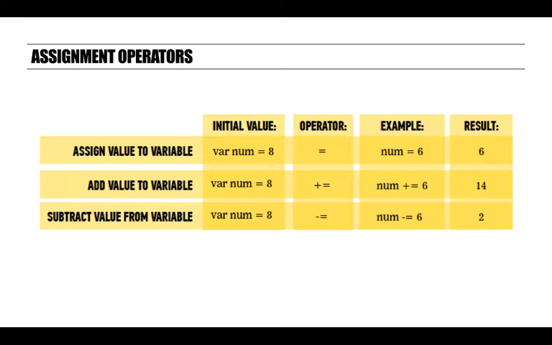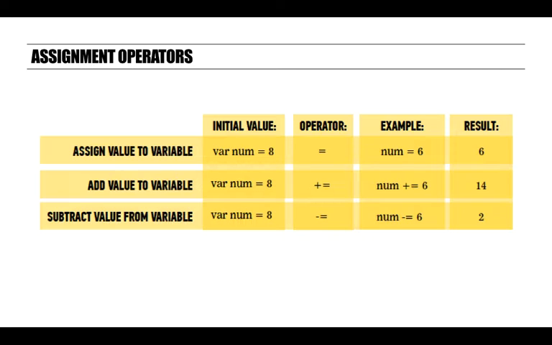So these are called assignment operators. When you set a variable equal to something, you're assigning it a value. And so you can actually increment. Here we're just assigning a value normally, like num is equal to 6, or num is equal to 8, and then setting it equal to 6 later.